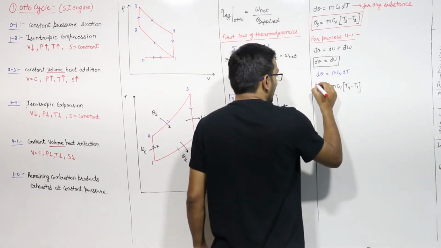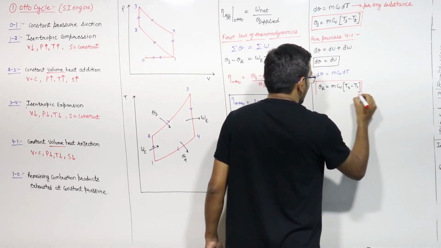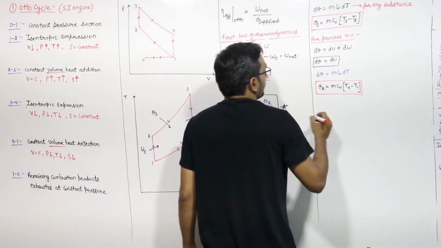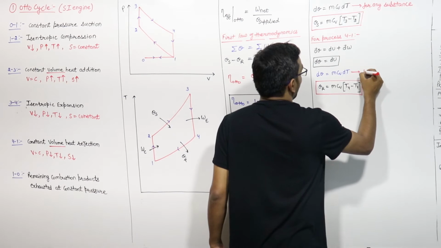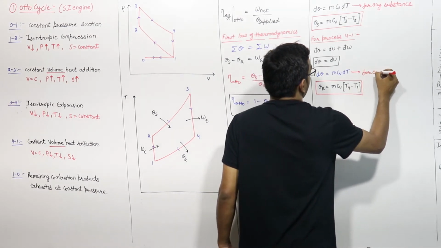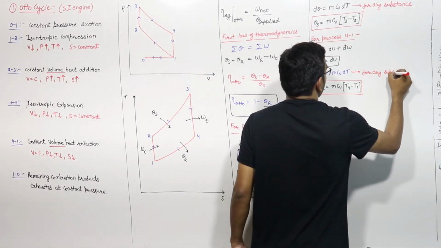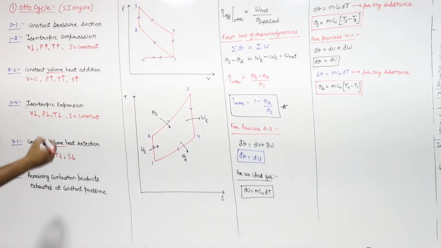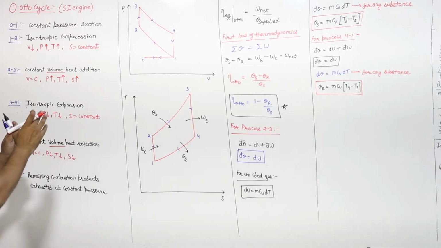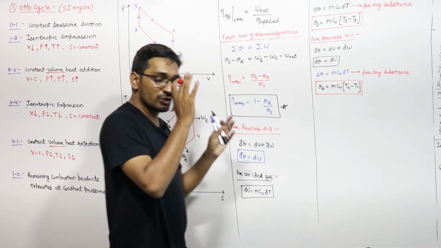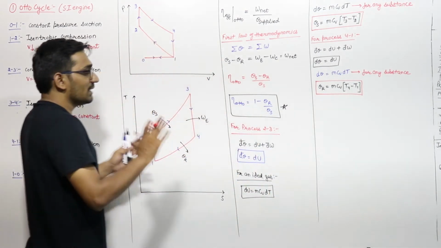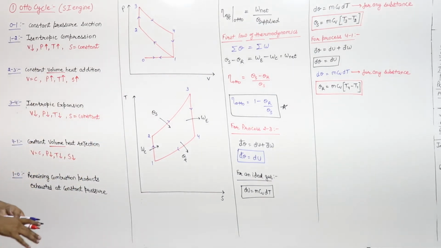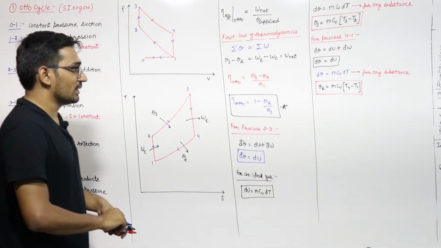This will be the heat rejected. You know that you can write this for any substance. If your thermodynamics concepts are good, then you can easily solve these kinds of problems. We discussed thermodynamics in much detail with all the assumptions and all the formulas. If you remember that, then you can easily solve it.